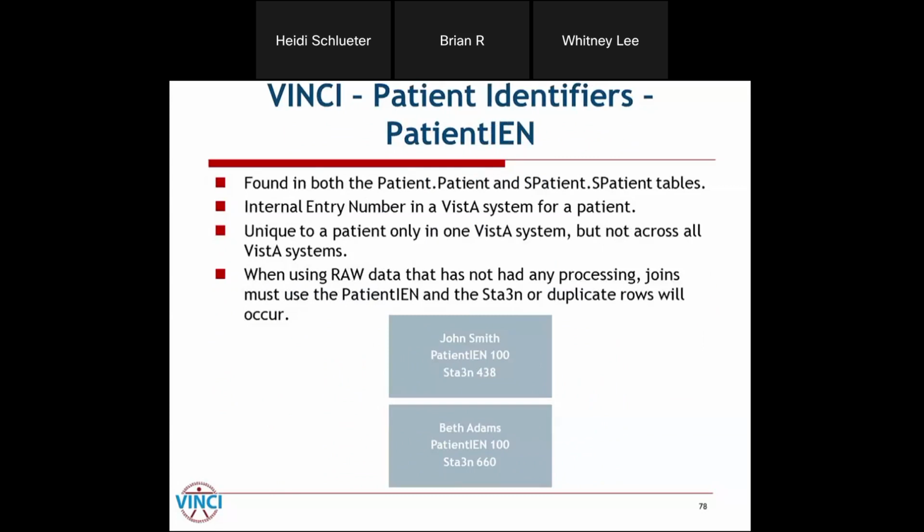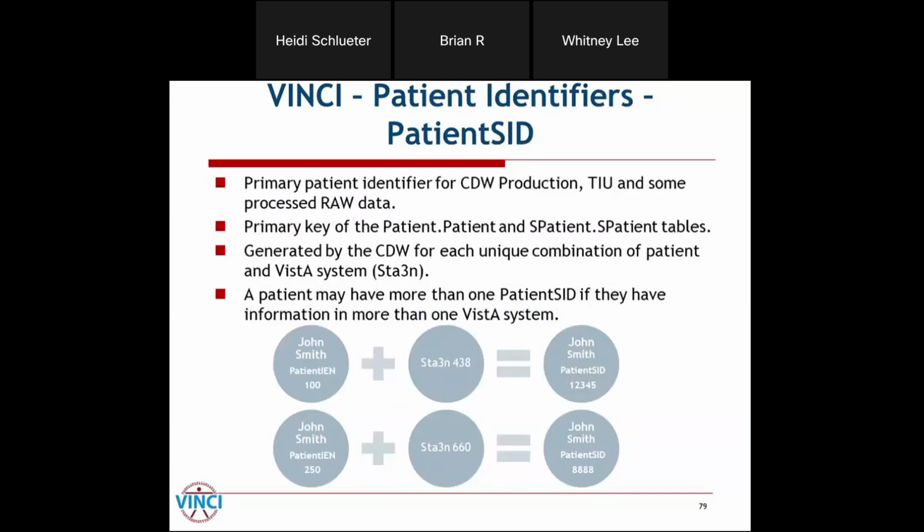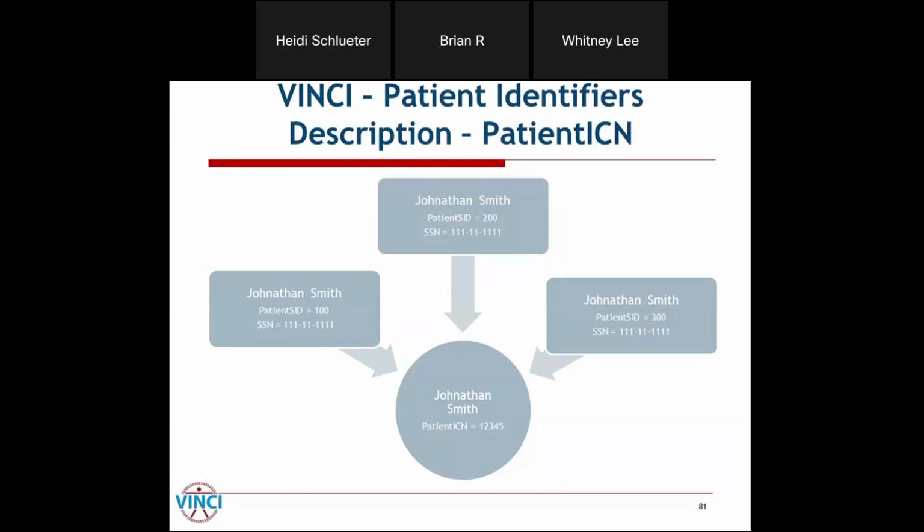So, for example, more than one person can have the same patient IEN. In this example we have John Smith and Beth Adams, and they've both been assigned the patient IEN of 100, just a fake example. So when you're dealing with patient IEN, you should also use the station to match on. The patient ICN, however, only identifies one person.